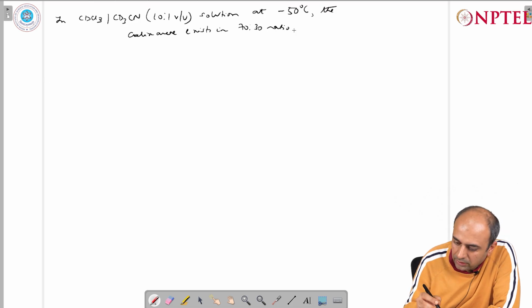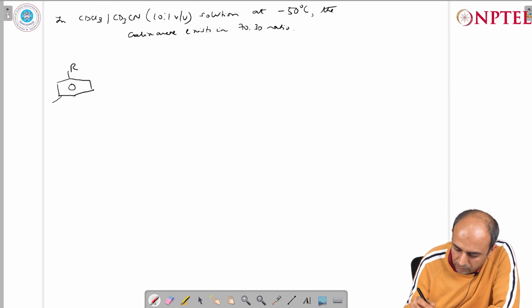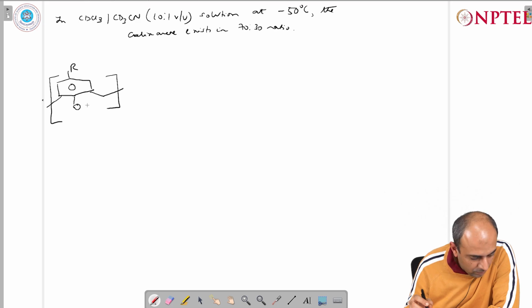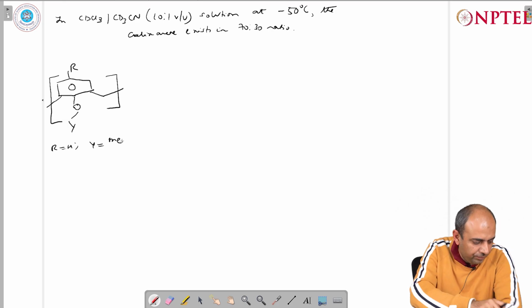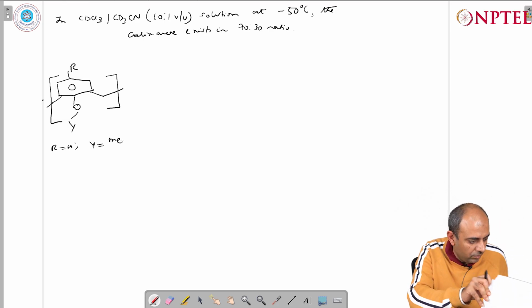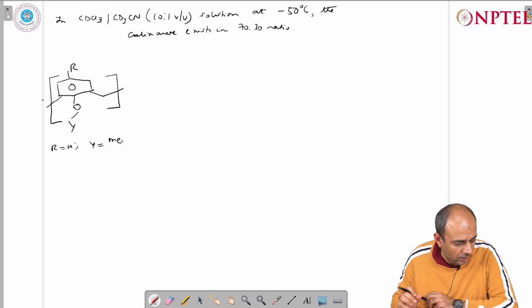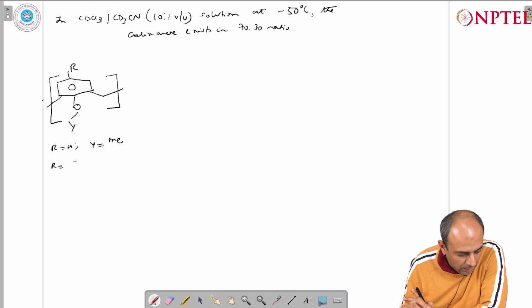So, we can now consider, for example, in general R and Y. So, R is equal to hydrogen, Y is equal to methyl; R is equal to tertiary butyl, Y is equal to methyl; R is equal to hydrogen, Y is equal to N-propyl.